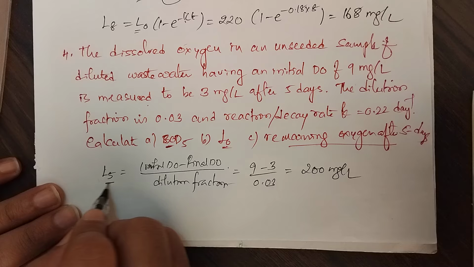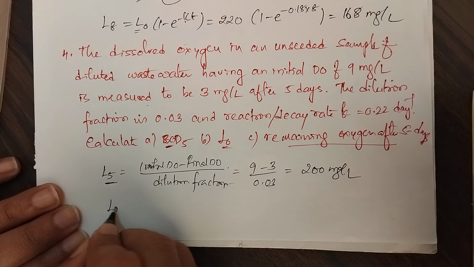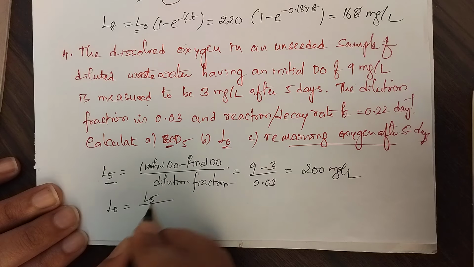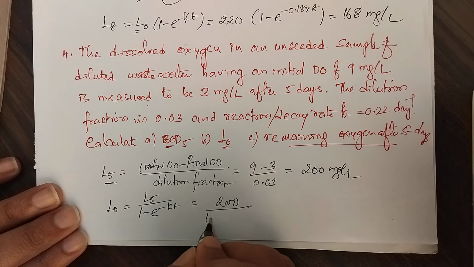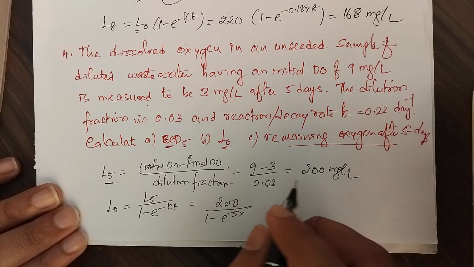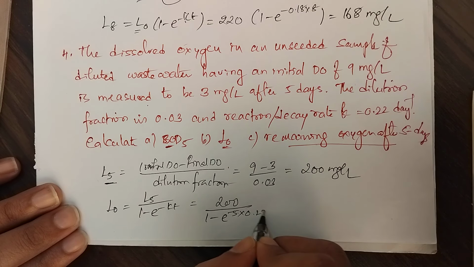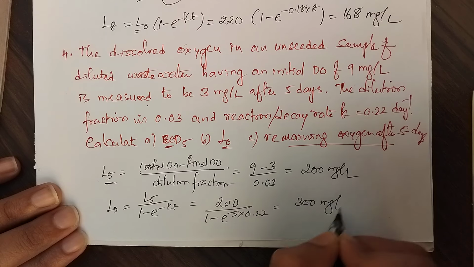Then we have now L5. We can calculate ultimate BOD L0, which is L5, just now we have done, over 1 minus e power minus KT. L5 is 200 divided by 1 minus e power minus 5 into k, 5 days t into k is 0.22. So this would come around 300 milligram per liter.